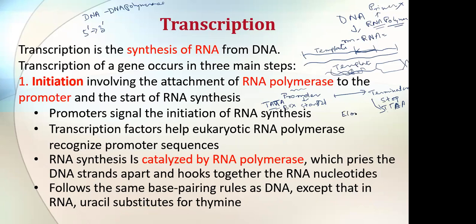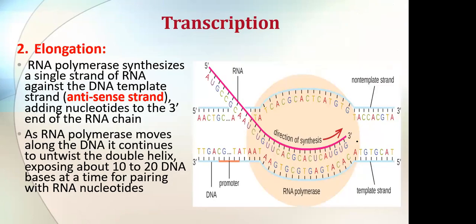This time the RNA polymerase reads the nucleotide sequence and picks up RNA nucleotides, and it elongates the strand. That's the elongation. Termination: when the RNA polymerase reaches the terminator region, it stops. So transcription is pretty simple.